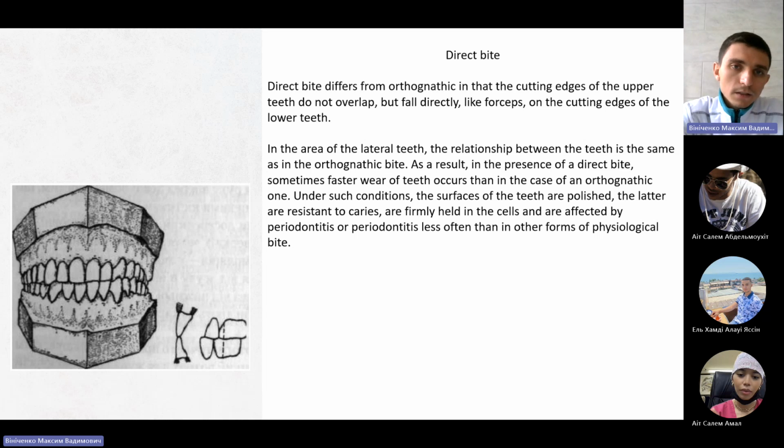As a result, in the presence of a direct bite, faster wear of teeth sometimes occurs than in the case of an orthognathic one. Under such conditions, the surfaces of the teeth are polished, they have greater resistance to caries, and are affected by periodontitis less often than in other forms of physiological bite.